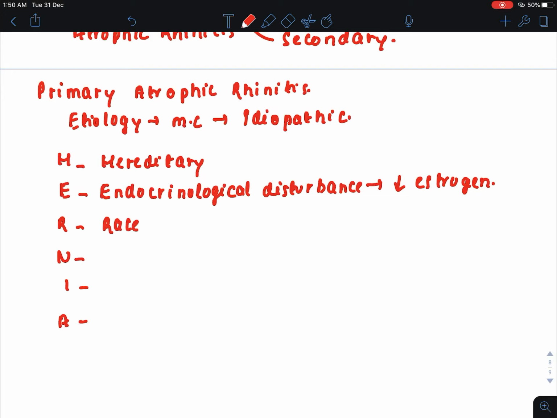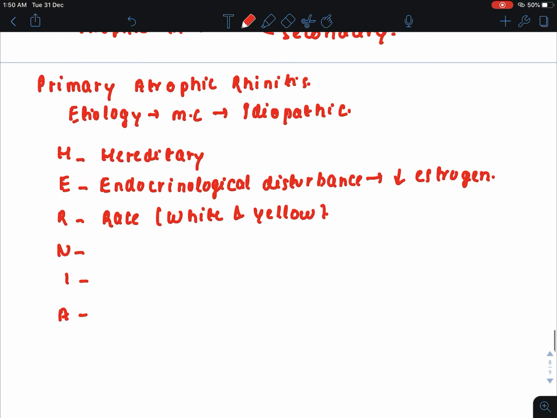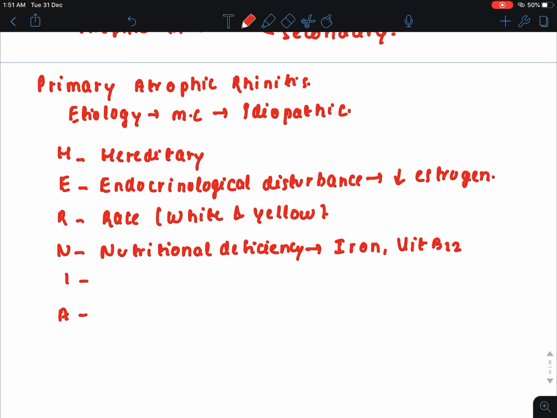R is race, the people who are white or yellow suffer from this. N is nutritional deficiency, such as deficiency of iron, vitamin A and D.